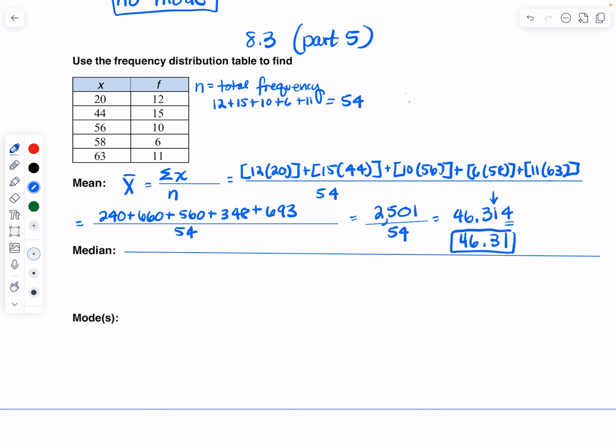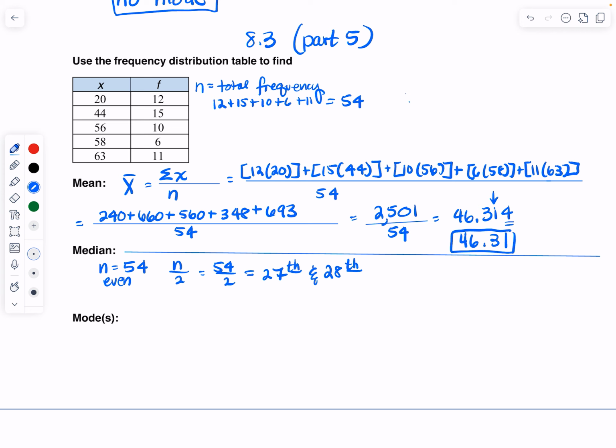Okay, median. So I know that n, or the total frequency, is 54. By the way, this is an even number, so I'm going to take n divided by 2. So 54 divided by 2 will give me 27. So I need the number in the 27th position, and because it's even, I also need the 28th position as well. So let's figure out what that is.